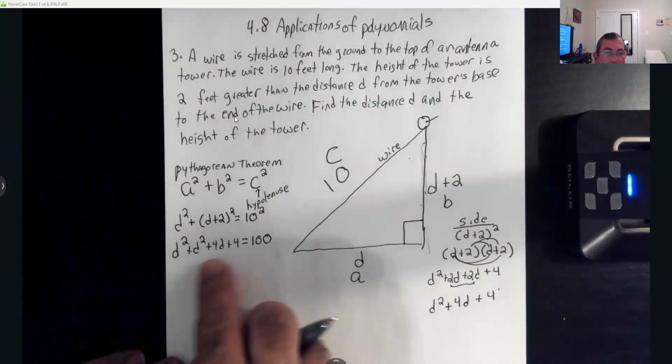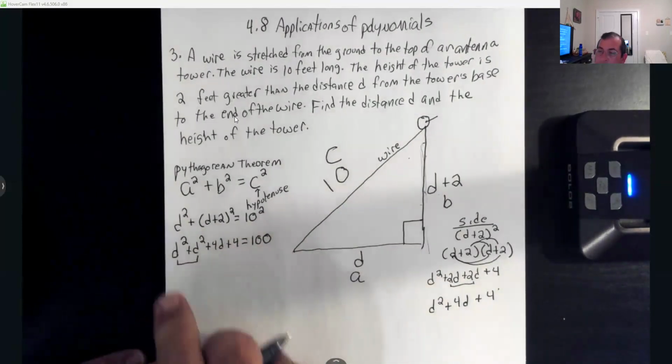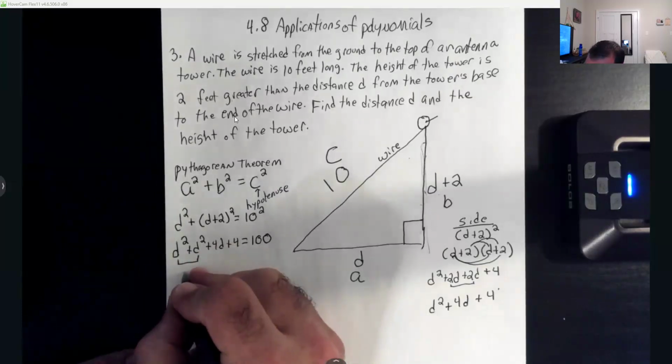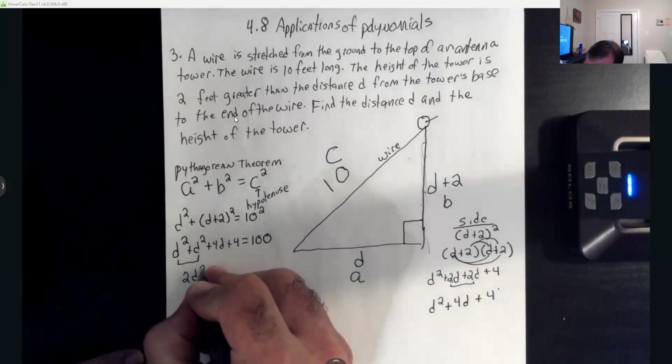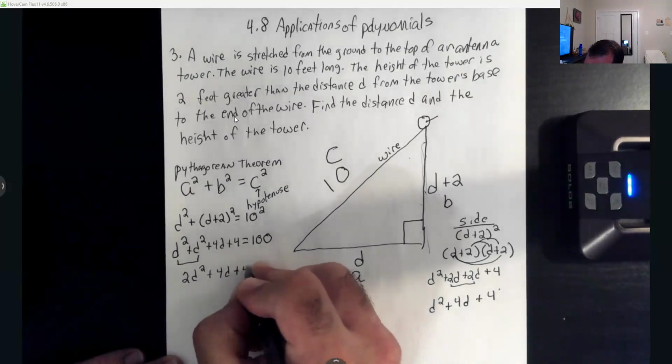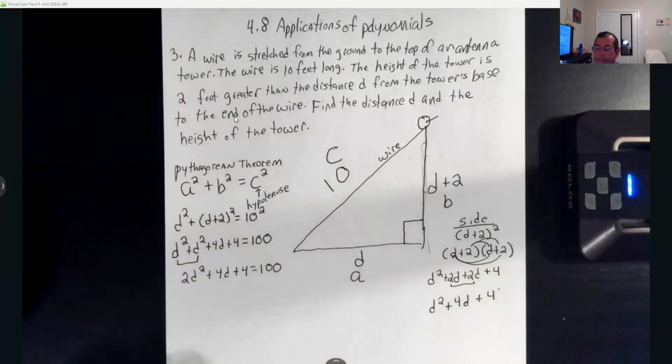All right, so now we got to work on trying to solve this for the d's. First thing you notice, a d squared plus a d squared are like terms. So add them together, you get 2d squared plus 4d plus 4 equals 100.